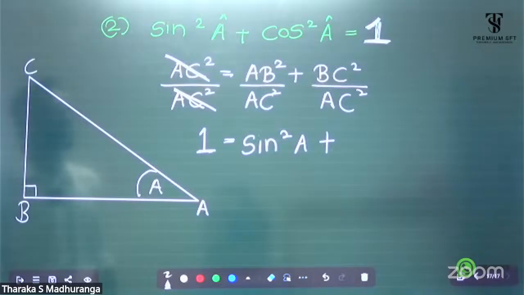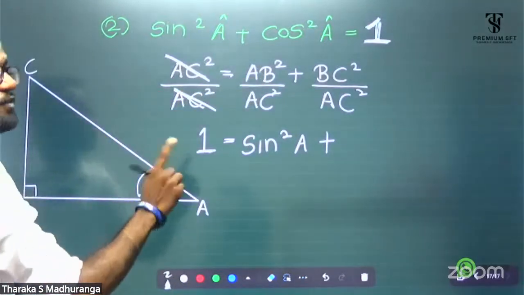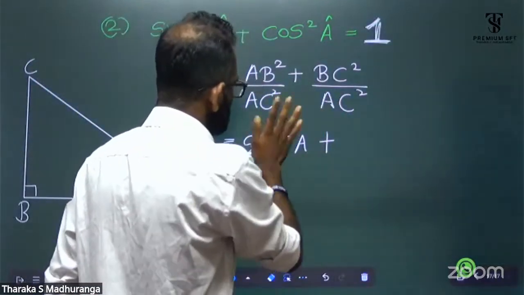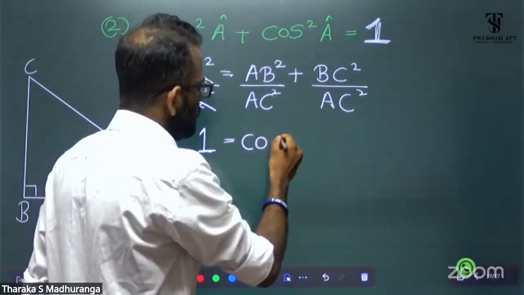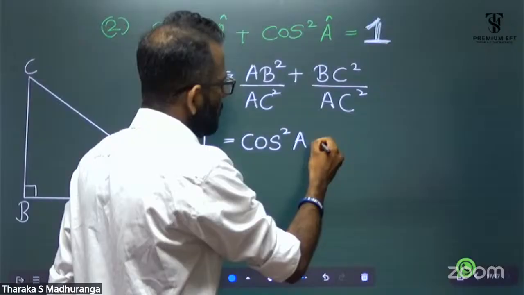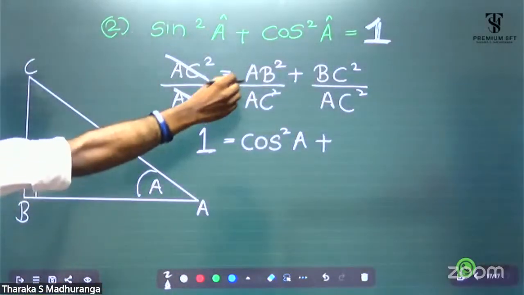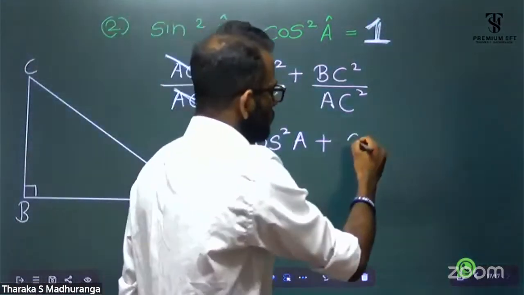Sorry, AB over AC. It is not sin, it is cos, adjacent over hypotenuse. Cos squared A plus BC over AC, opposite over hypotenuse, it is sin squared A.